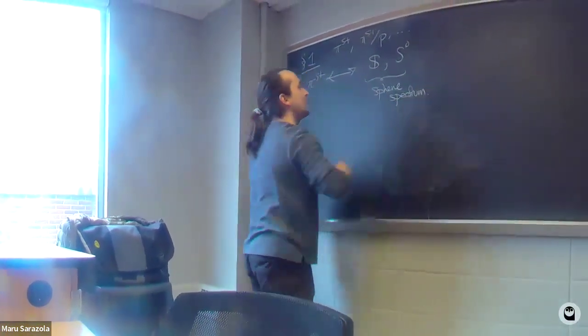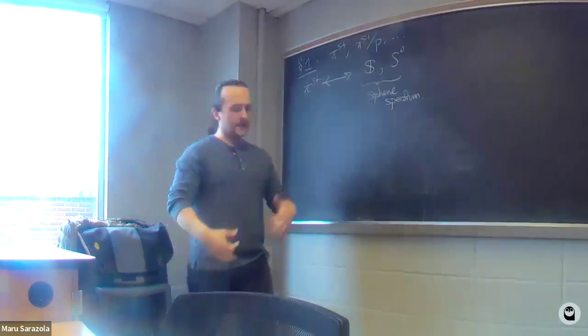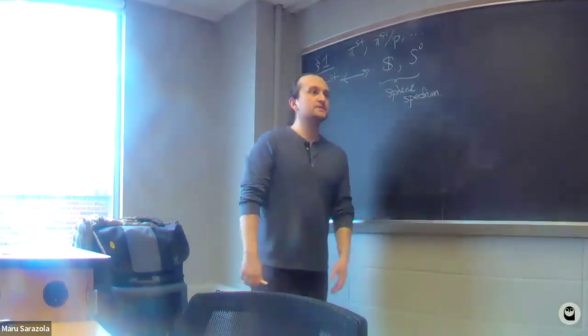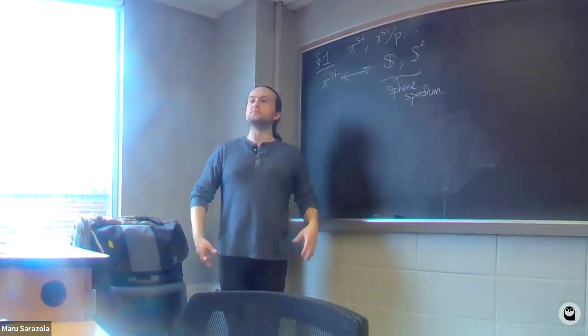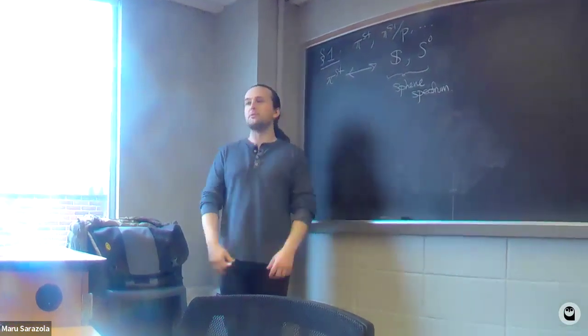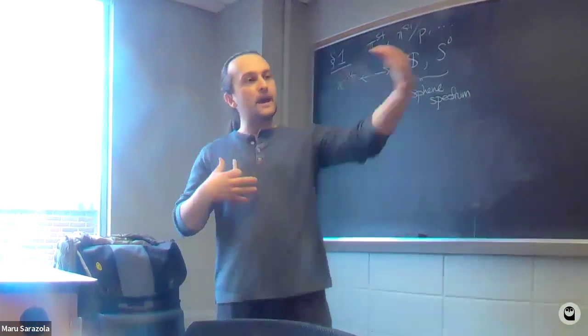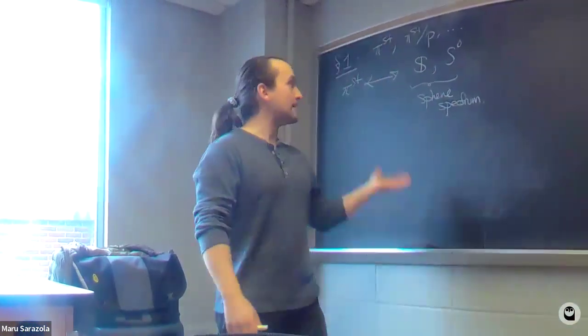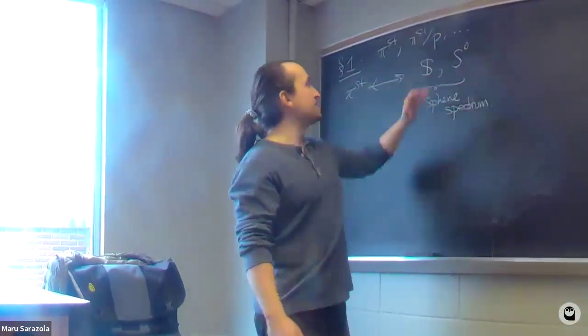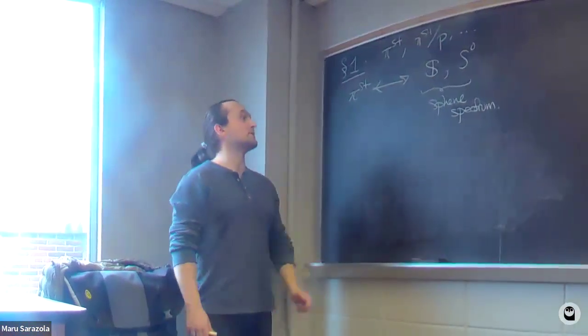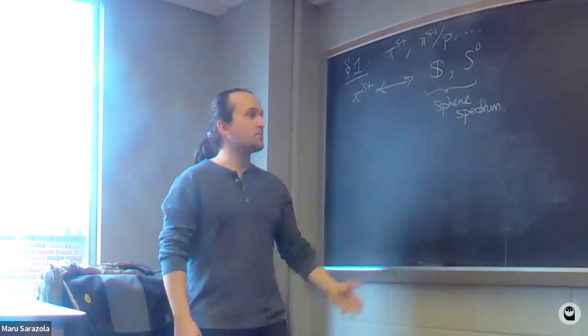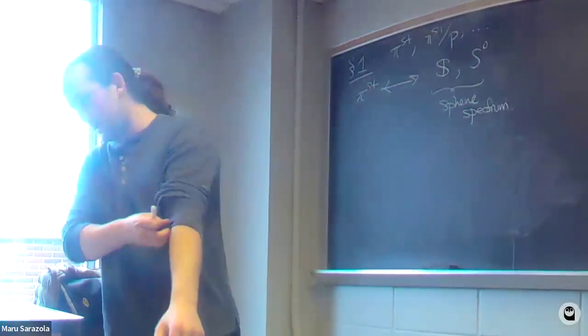You can think about it as starting with some spheres and applying the loop suspension map that we use in the Freudenthal suspension theorem, and letting that colimit go off forever. This is the object that I get. It's called the sphere spectrum, and it lives in some suitable category of spectra.